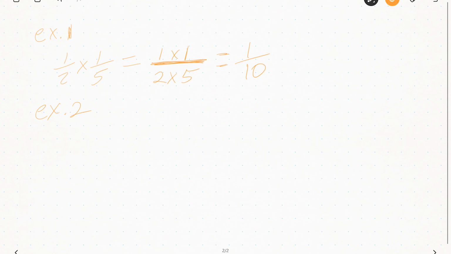Example 2. We now multiply 3 fractions. 1/8 times 1/5 times 1/2. The numerator of our final result, we multiply all the numerators together, and that will be the numerator of our final result.